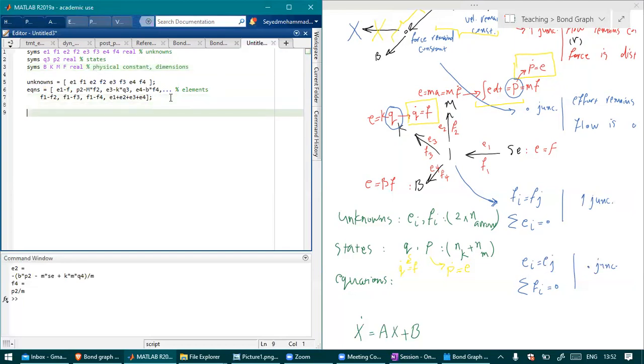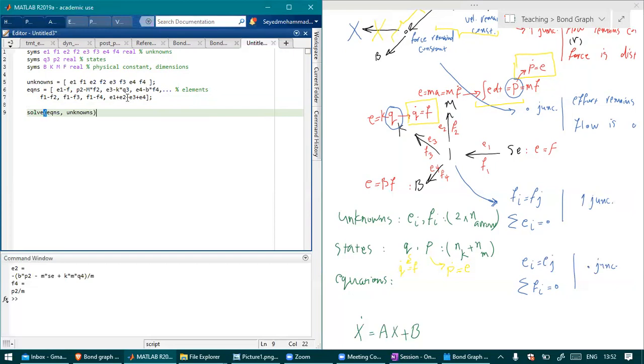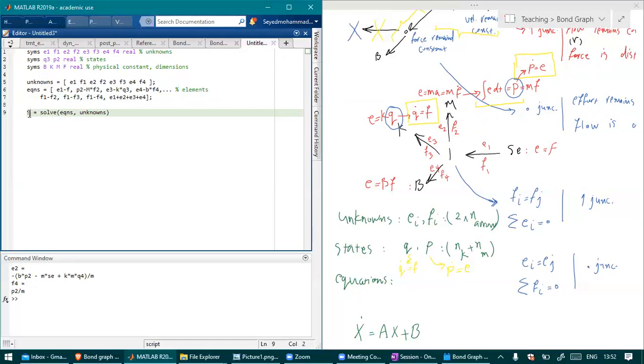Then we just write solve. I have a set of equations and a set of unknowns, and let me just name it capital P. Hadi, in the first row of equations, E1 minus, it should be F1. Yes, F1, so E1 minus F1, that's the equation for the source of effort.